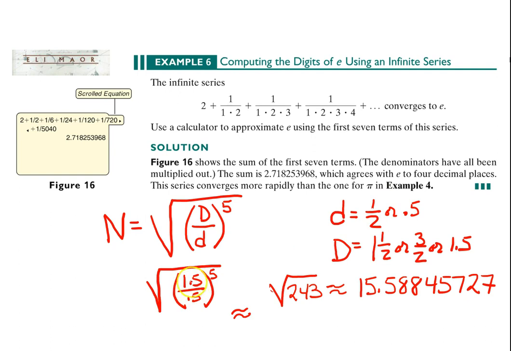So I put that in as 1.5 divided by 0.5 in parentheses. And then I use the caret to introduce my power of 5. Got an answer, which was 243. And then I took the square root of that, and I got this.